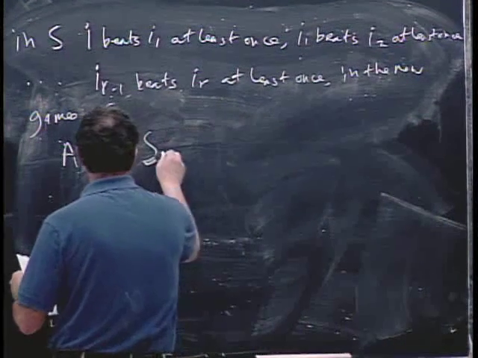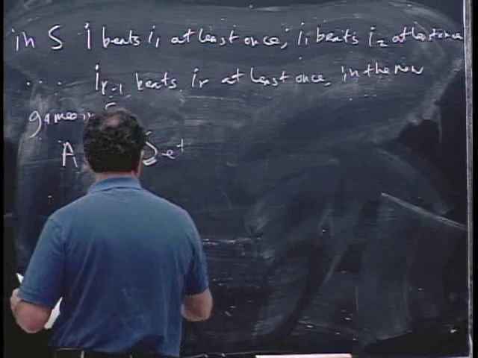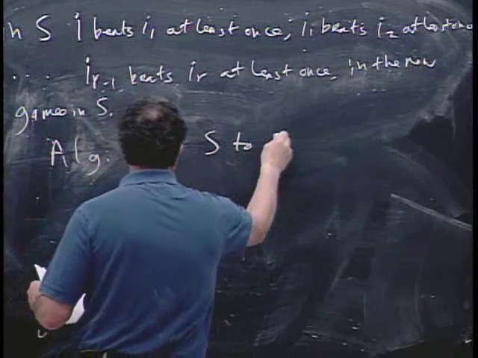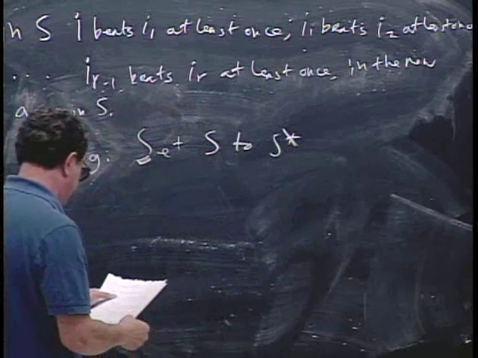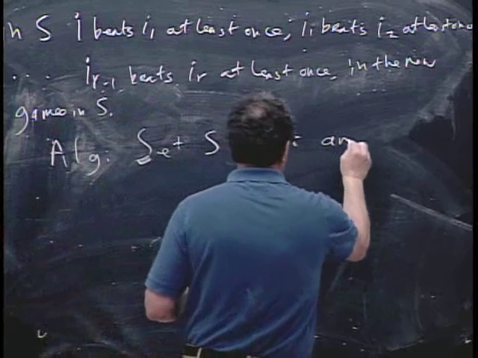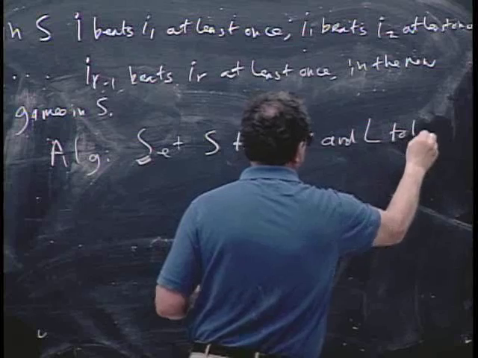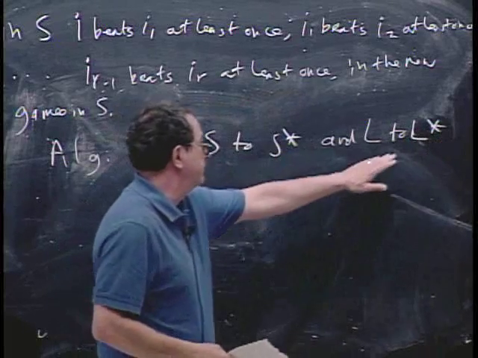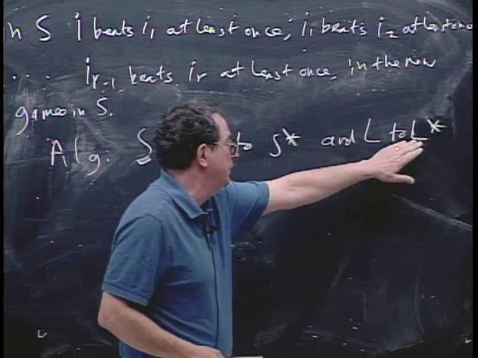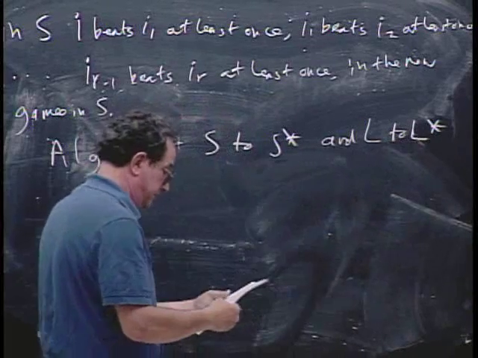Okay, so here's the algorithm. We're first of all going to set scenario S to S star, which we defined, and L to L star. We also defined L star. L star is the set of teams that win W star points under scenario S star.